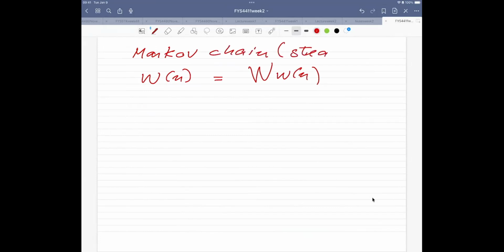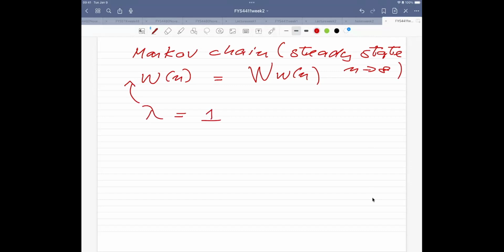That means when n goes to infinity. And then you can read this off immediately as an eigenvalue problem. You have a matrix times a vector, which is this W, and this is equal to a vector. So if you read it off, you see that the eigenvalue is equal to 1.